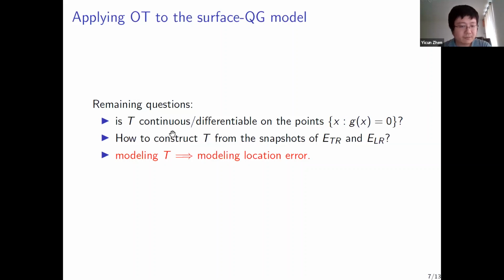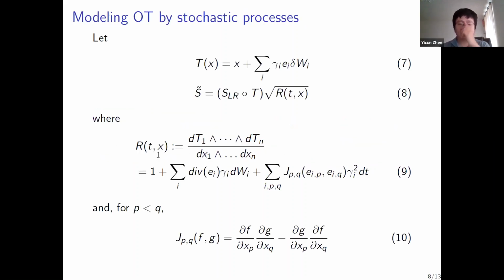But if we ignore these two questions, and just want to use optimal transport theory to model the location error, the most important thing is to model the optimal transport T. So we model T using a stochastic process. T of X: we perturb the point X with a Brownian motion.